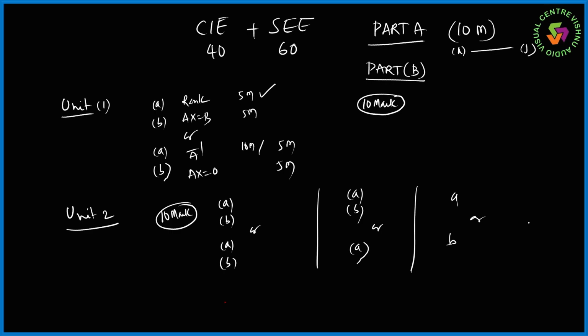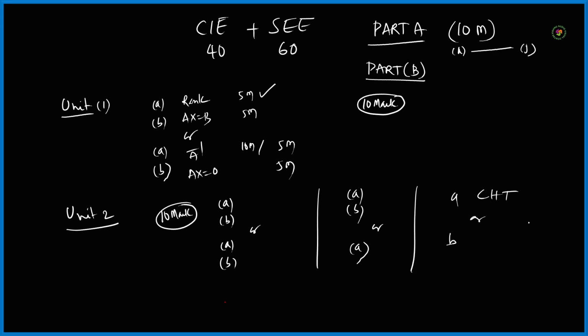Suppose what are the possibilities for asking A, B. If you ask for only A, compulsorily they will give the Cayley-Hamilton theorem. If only one question is asked from unit 2, it is either the Cayley-Hamilton theorem, eigenvalues and eigenvectors, or reduction of quadratic form to canonical form. The Cayley-Hamilton theorem is very simple. You just need the patience to compute the characteristic equation and systematically calculate A square and A cube, whatever powers you require, then substitute and show it.